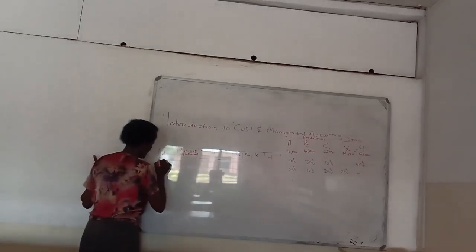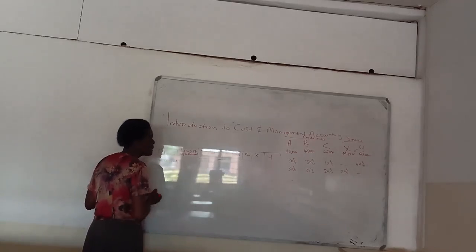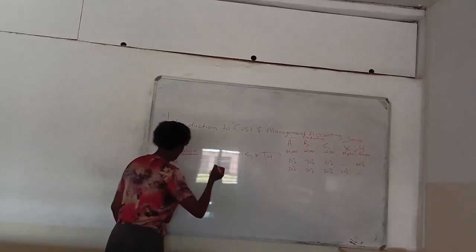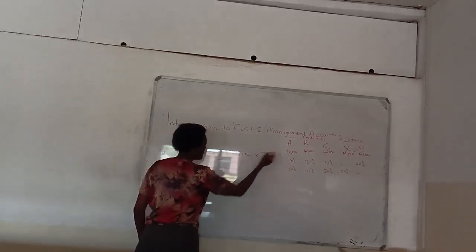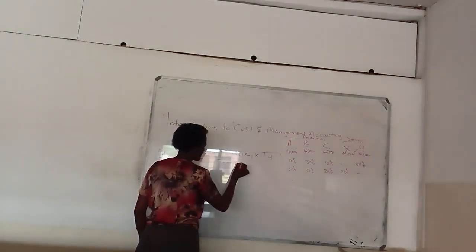Where we are going to have allotted overheads. What was the A? 40,000. B? 42,000.